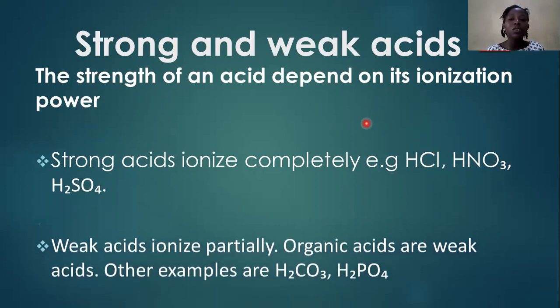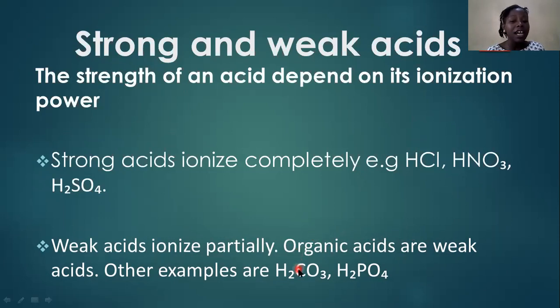Examples of strong acid are hydrochloric acid, trioxonitrate (V) acid, and tetraoxosulfate (VI) acid. These three are examples of strong acid. Then weak acid, which I said ionizes partially in solution. Examples are all organic acids, those acids that are found in natural products. They are all weak acids.